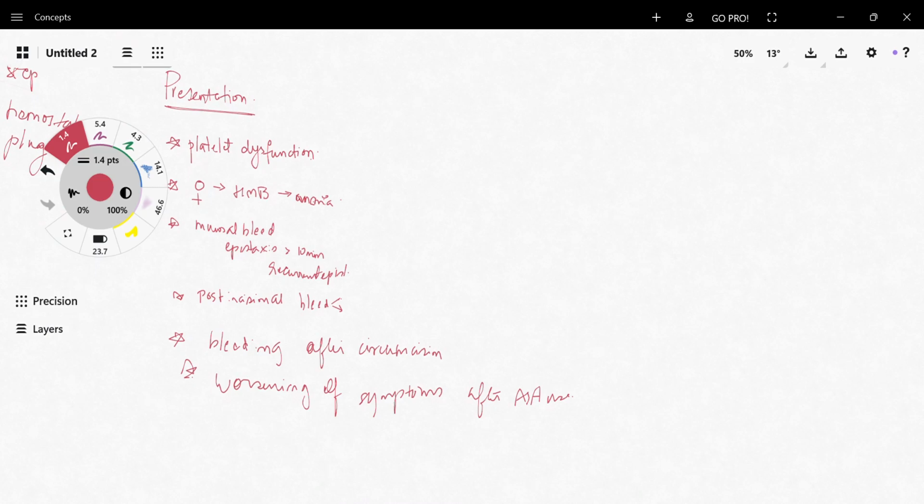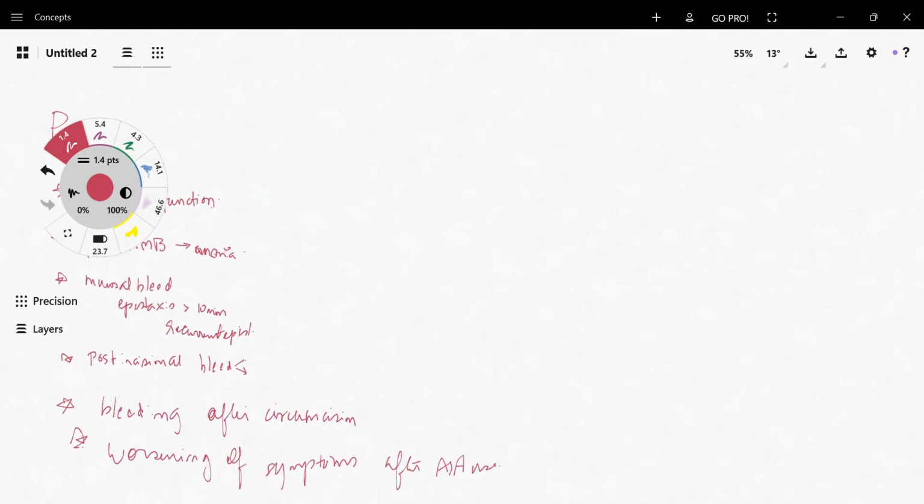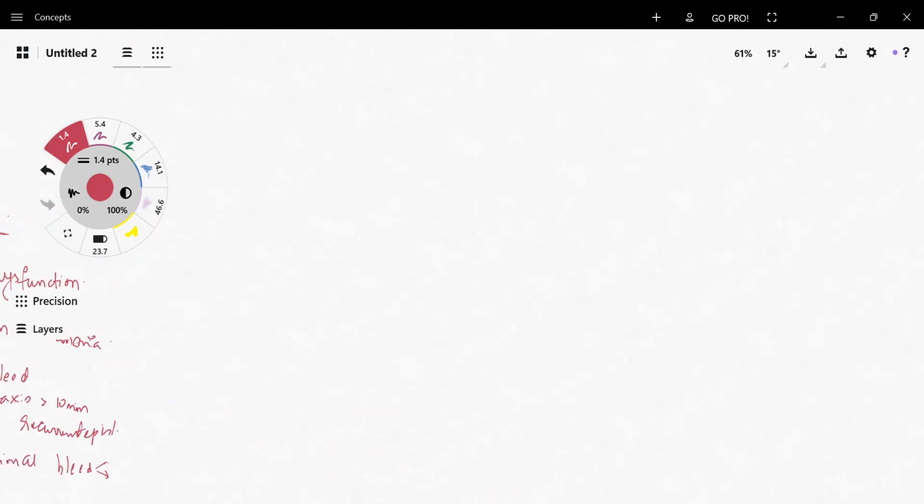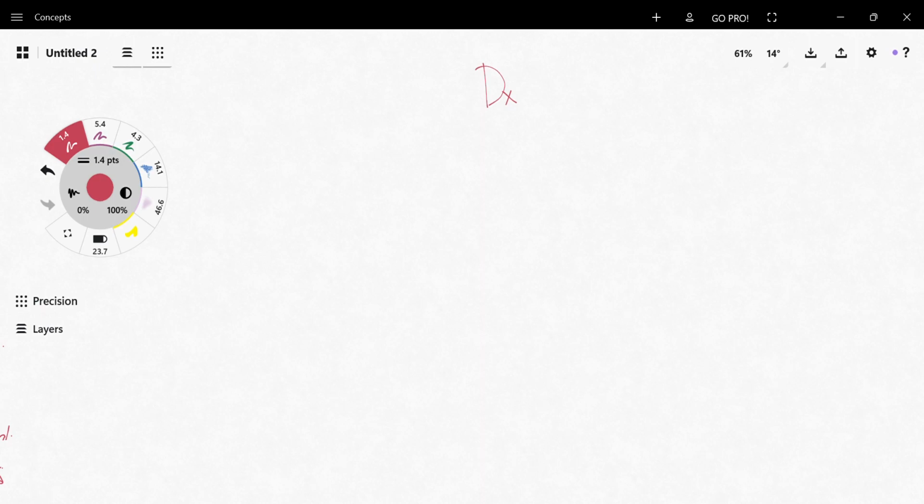Now, how do you go about diagnosing von Willebrand's disease? So first I want to start by talking about two kinds of tests. The first one is the von Willebrand factor antigen test, which is a quantitative test.